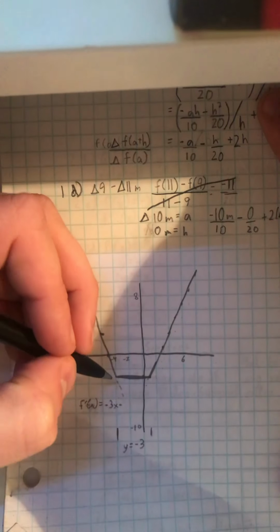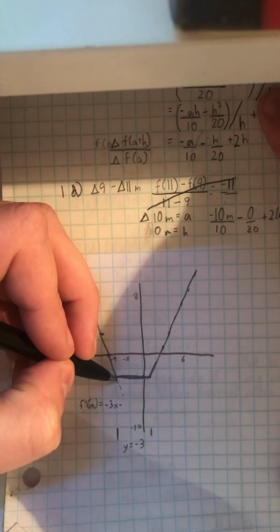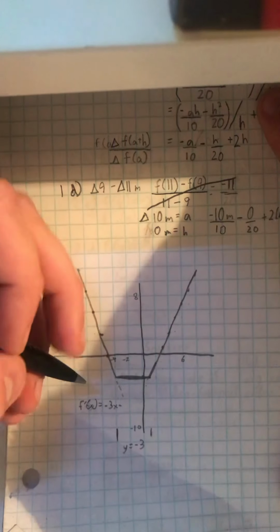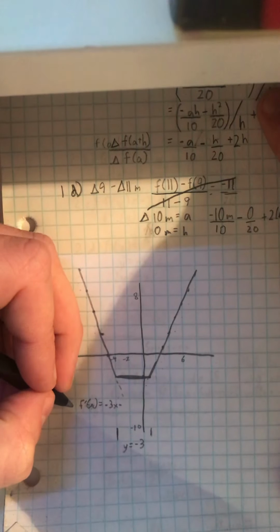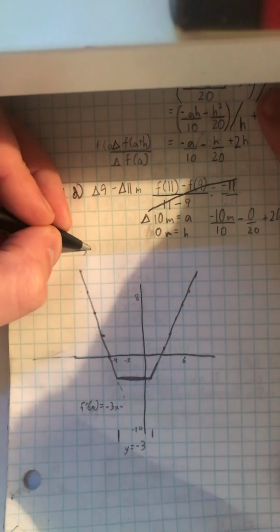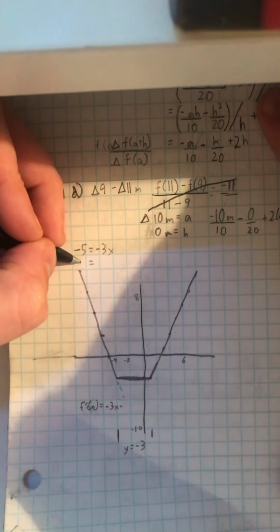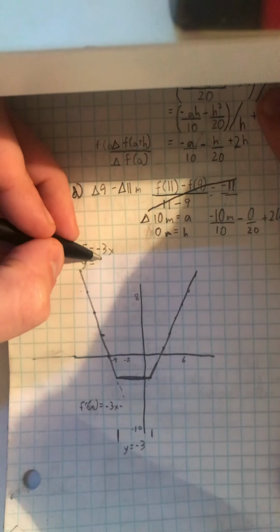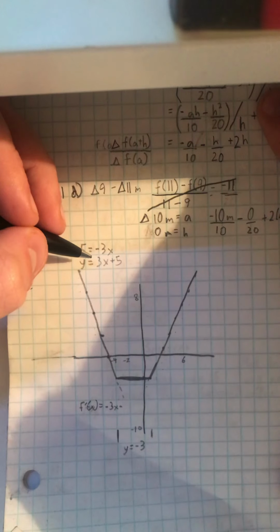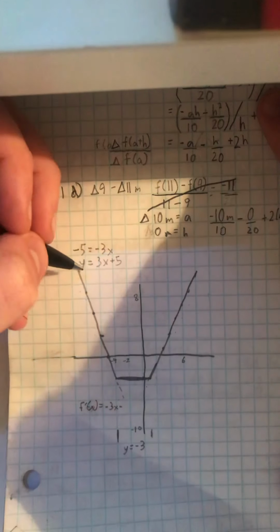And then if we do some funky stuff here, 1. So it's -5 over there. So that equals -5. So if I did -5 equals -3x, we get y equals -3x plus 5.